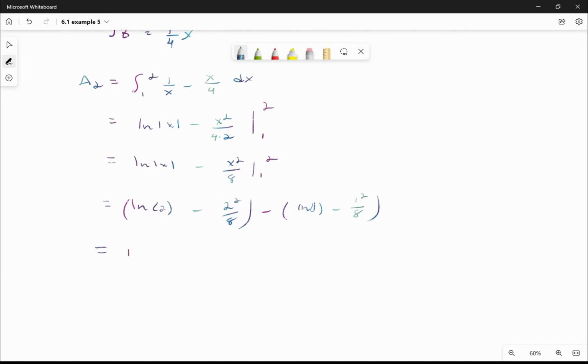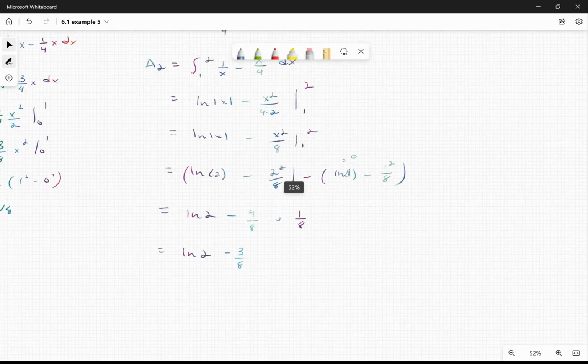We can drop the absolute value sign here because 2 is obviously positive. And we have ln 2 minus 4 over 8. Remember that ln of 1 is just equal to 0. So we're subtracting negative 1/8, so we're adding 1/8. And we get ln of 2 minus 4/8 plus 1/8, so minus 3/8.